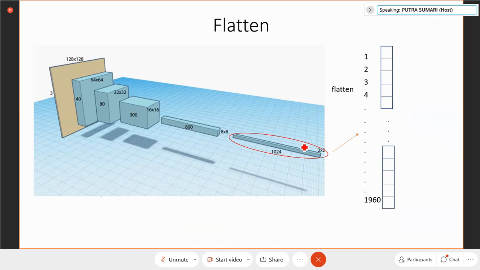Then this will be moving into being flattened now, okay? With 2 by 2, 2 by 2.